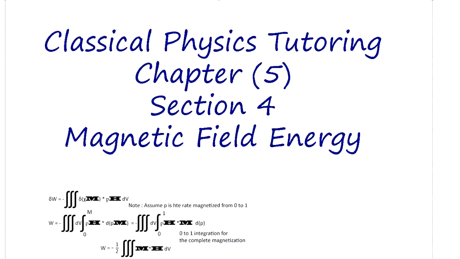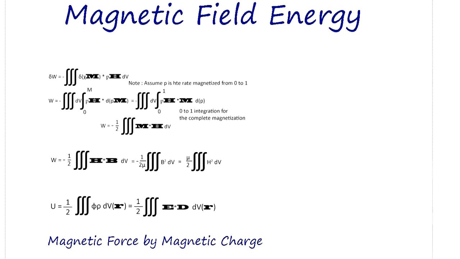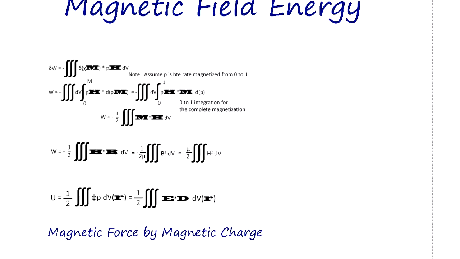Now, we did this for electric field energy. Exactly the same symmetric relationship exists for the magnetic charge generating the field. So basically what we get is this equation, the same as E d volume.